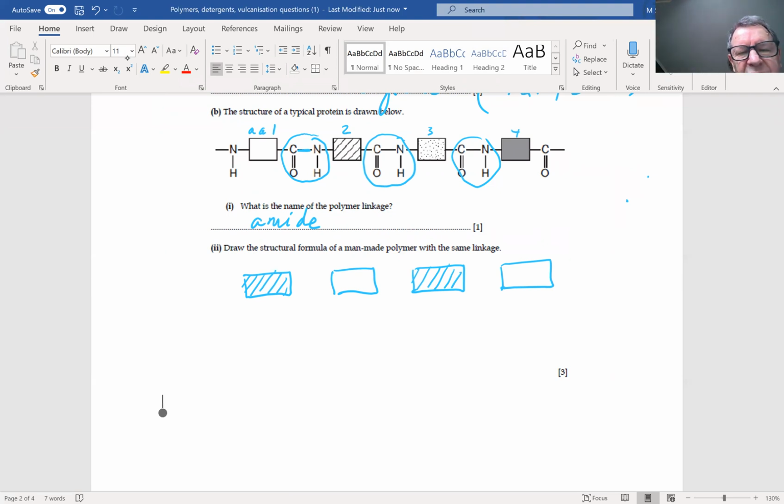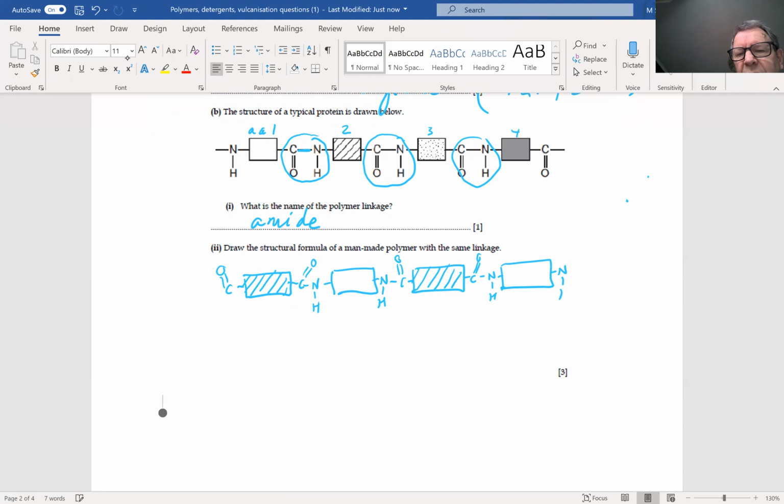And how these work is this. What these start with is a C double bond O on both ends of this one, and this one with N attached there. So we've got N here. This one, the hatched one, has got C double bond O, C double bond O.